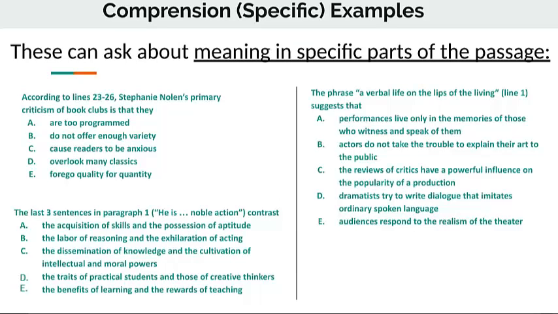And here you can see one of the ways you can tell the difference is because they direct you to a particular line or lines, right? The last three sentences in paragraph 1, the phrase in line 1, and then you have the answer choices. Again, these are nice because you know where to find the answer. They're telling you where to find the answer.